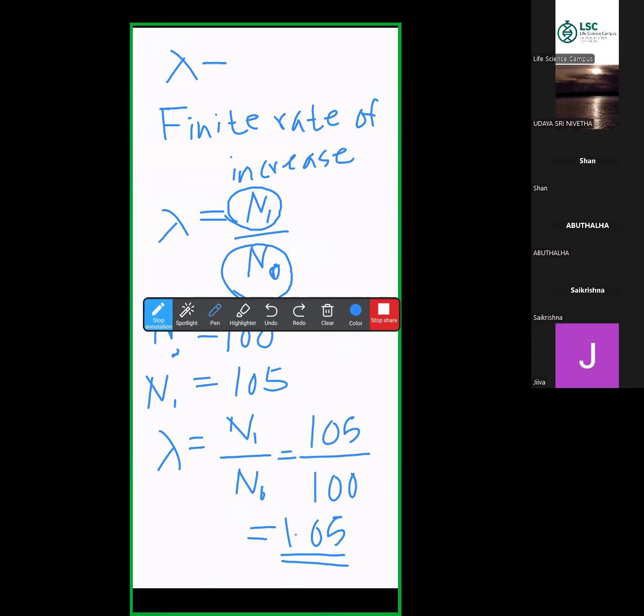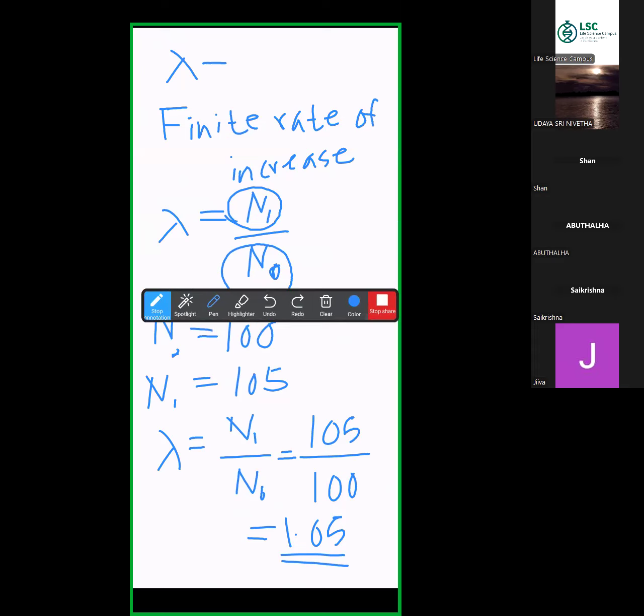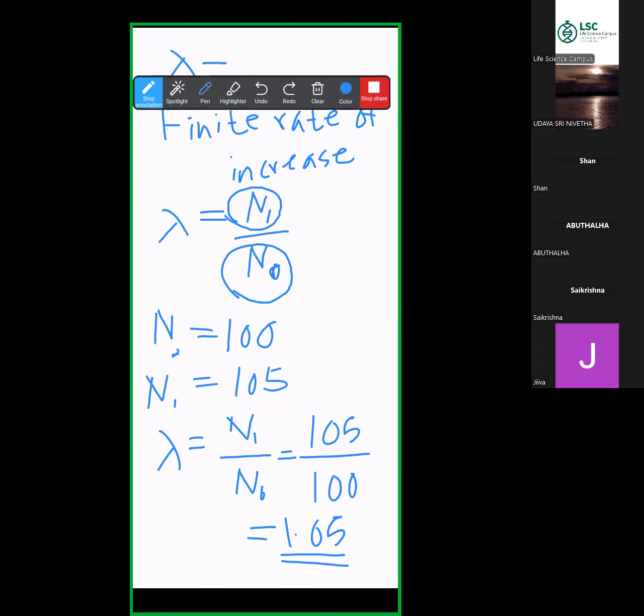Ma'am, once again repeat what is N1 and N0? N1 is the population size in the next generation. N0 is the population size at the first generation. Initially there were 100 individuals.